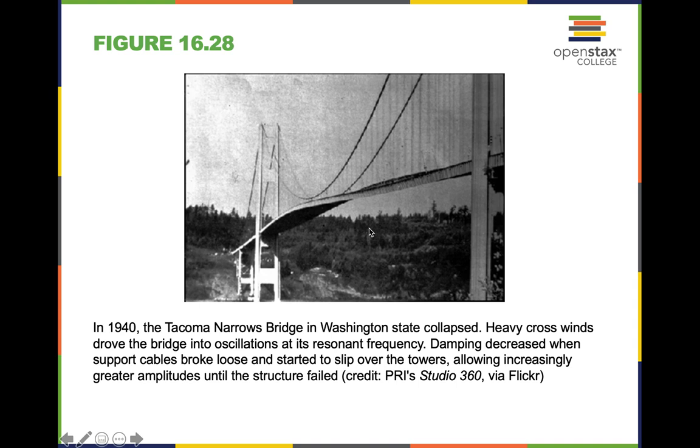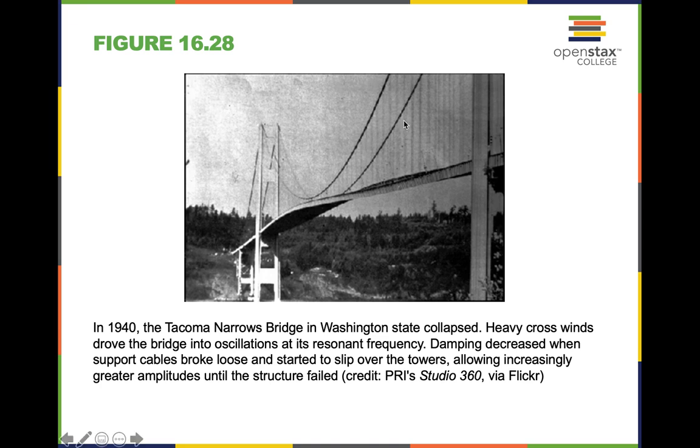So for here, in 1940, the Tacoma Narrows Bridge in Washington State collapsed. Heavy crosswinds drove the bridge into oscillations at its resonant frequency. Damping decreased when the support cables broke loose and started to slip over the towers, allowing increasingly greater amplitudes until the structure fell.